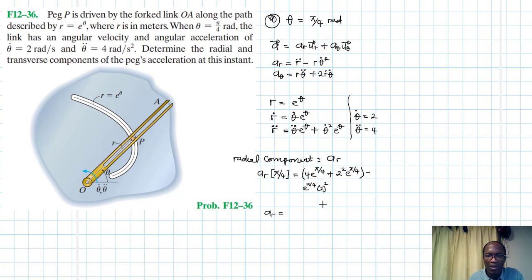Let me check again: r theta dot squared, theta dot 2. So we are just getting rid of them, this part and this part will go, then we just remain with 4 e to the power pi divided by 4. So this just becomes 8.77 meters per second squared. So I think we found one.